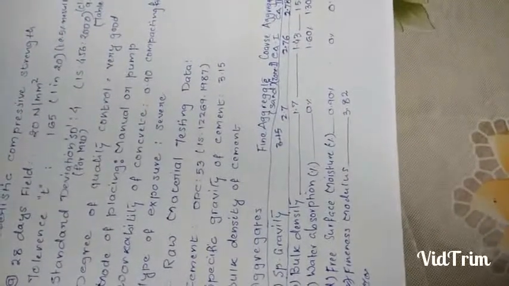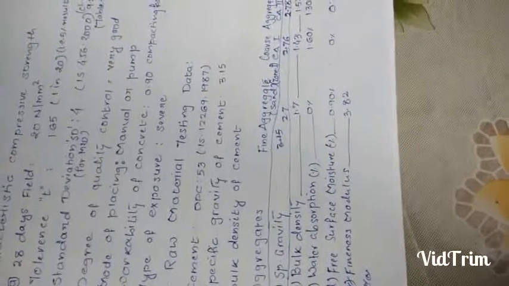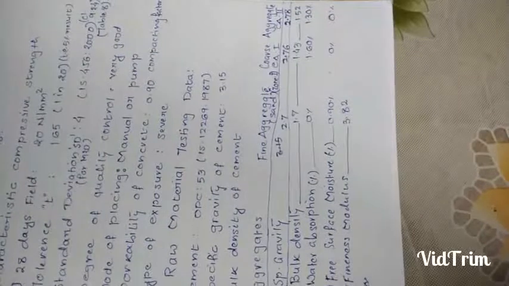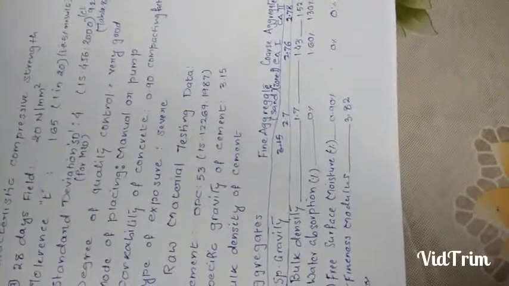Then water absorption: fine sand 0%, coarse aggregate CA1 1.60%, CA2 1.30%.